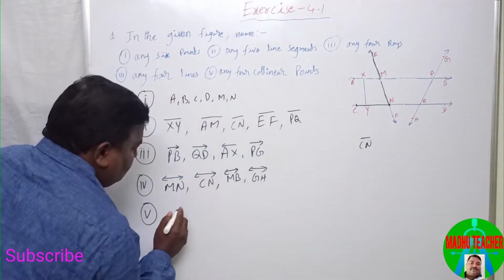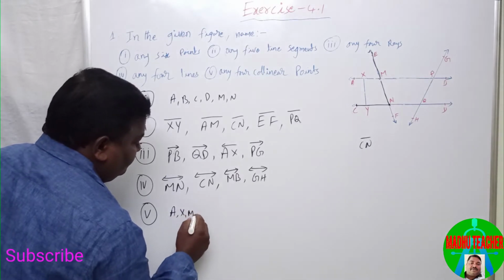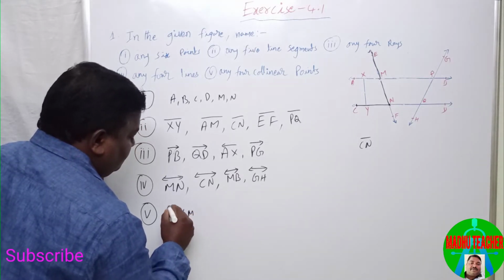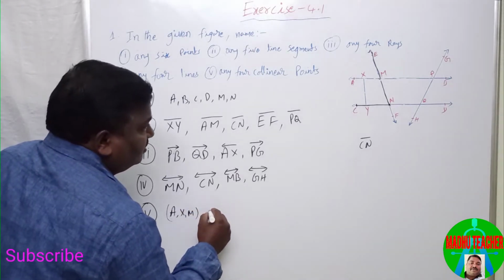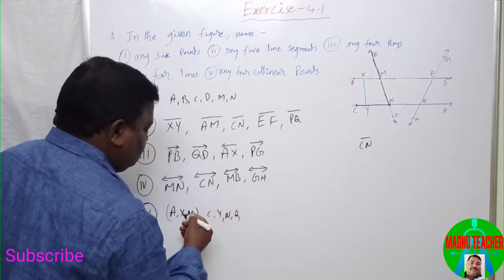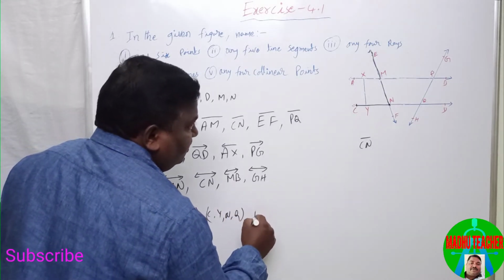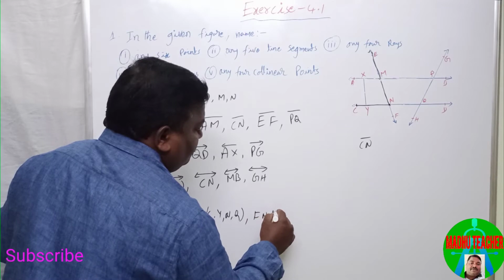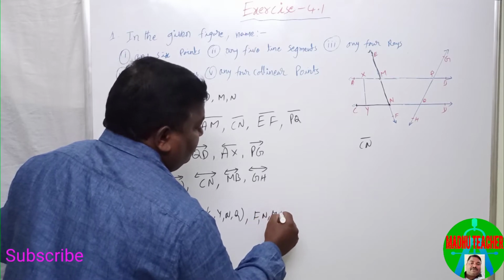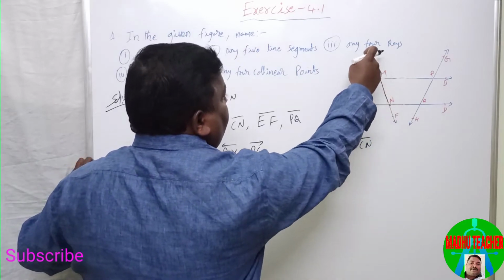Let us write AXM. Next, CYNQ, we can write here also 4 or 5 points. Next FNME.